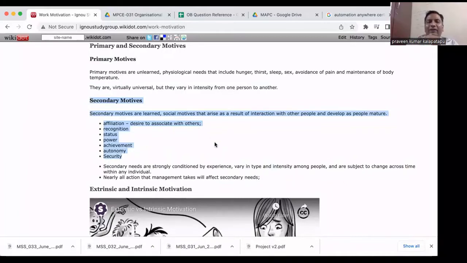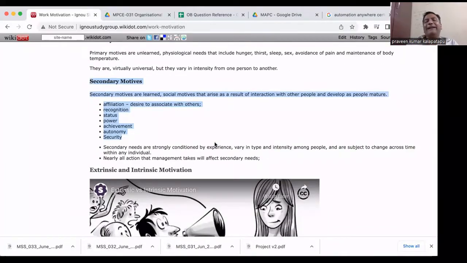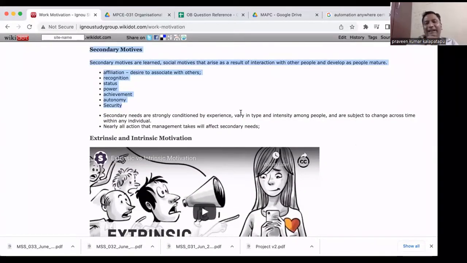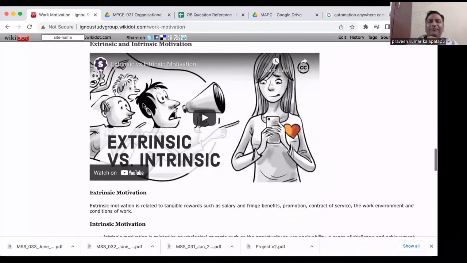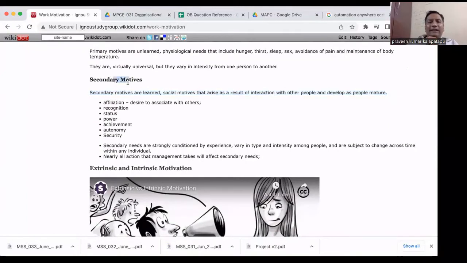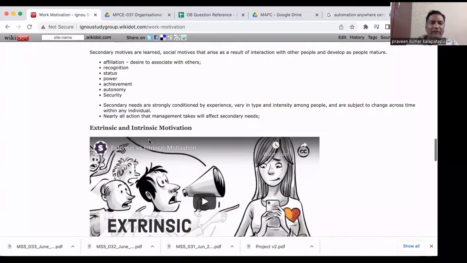Management should not take that lightly. They need to understand that any action that they take is going to affect the secondary motive as well. So by the name, don't go as if the secondary motive is something unimportant. It is just secondary, but it is not unimportant.